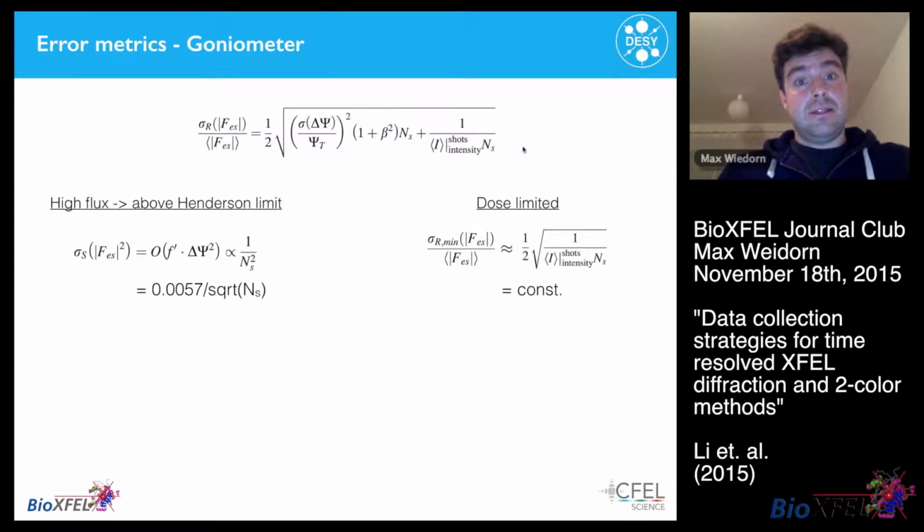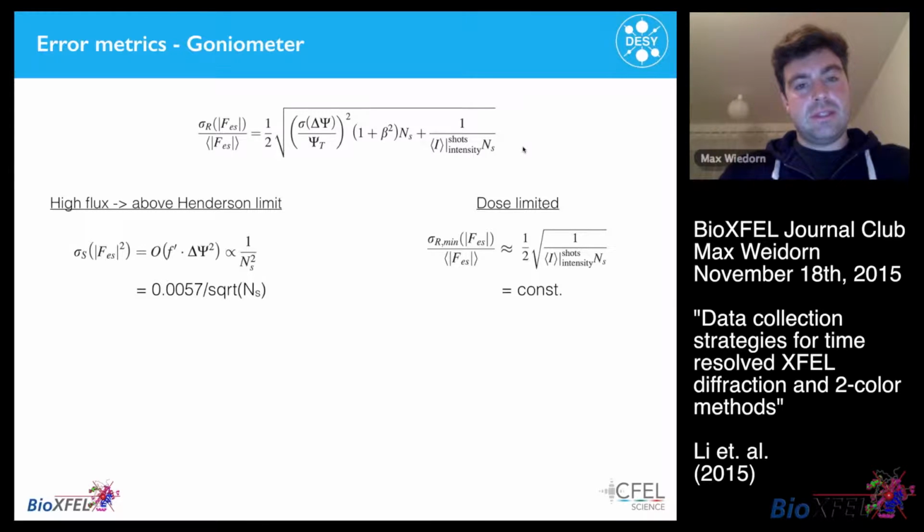The last technique is the goniometer technique, where again with error propagation, you find out that if you're above the Henderson limit, then essentially you have the same thing as with all the high flux techniques so far.